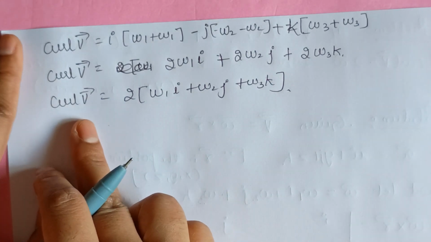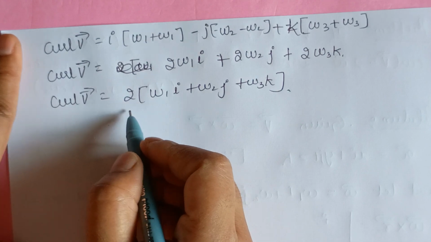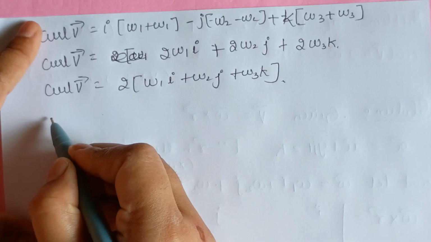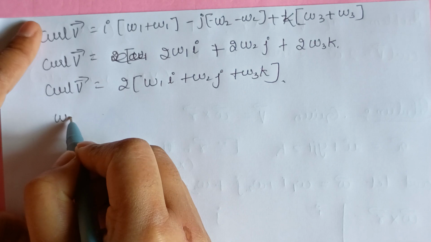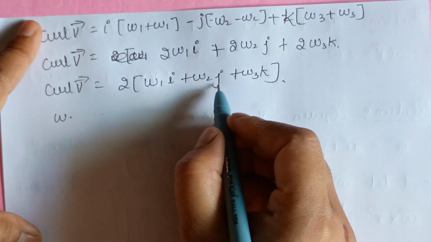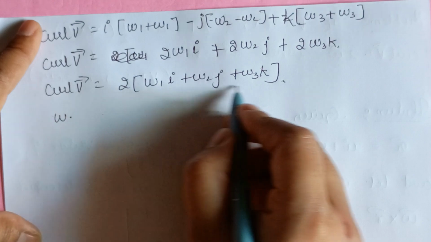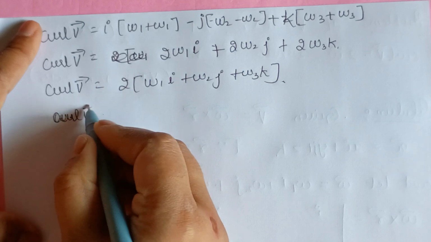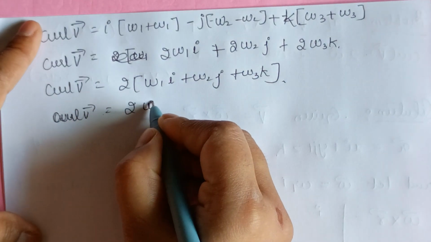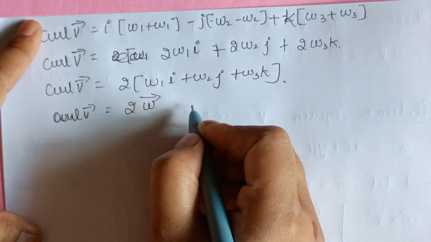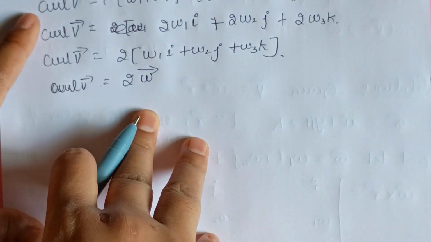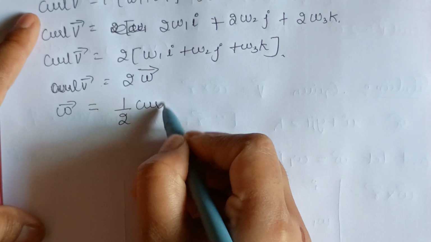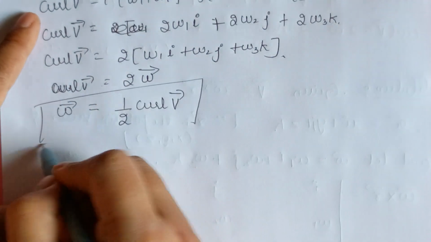This w1 i plus w2 j plus w3 k is the vector w, a constant vector. So I can write curl vector v is equal to 2 times vector w. So vector w is equal to 1 by 2 times curl of vector v.